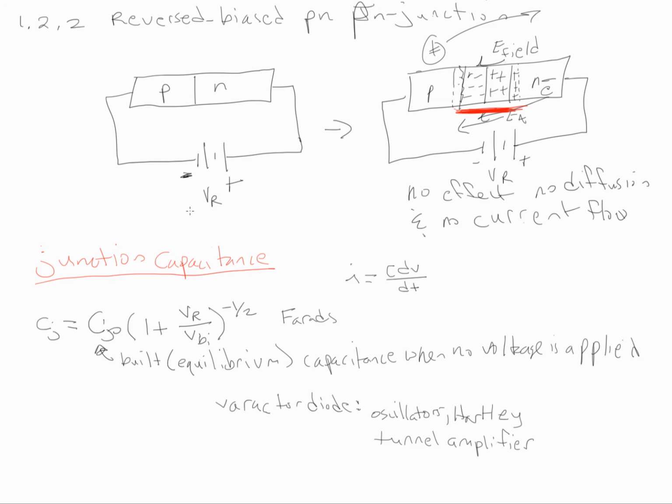So next, as always, anytime we get a formula, it seems like, we work an example. Example 1.6, where they want you to calculate the junction capacitance of a p-n junction at a reverse bias of 1 volt and at a reverse bias of 5 volts.